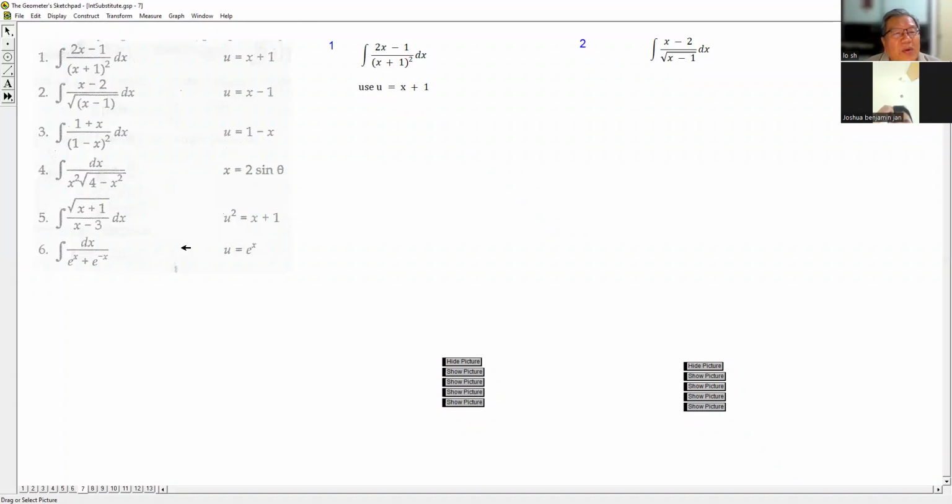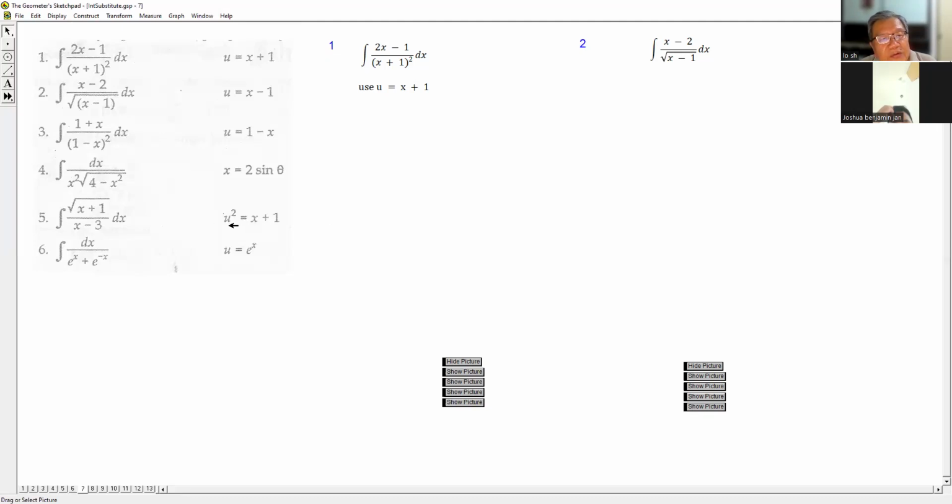So coming back to our question here, this one is x plus 1. Here, the x plus 1 is inside the bracket, but you use u square equal to x plus 1. You don't use u equal to x plus 1. Why like that? Because there is a square root there.